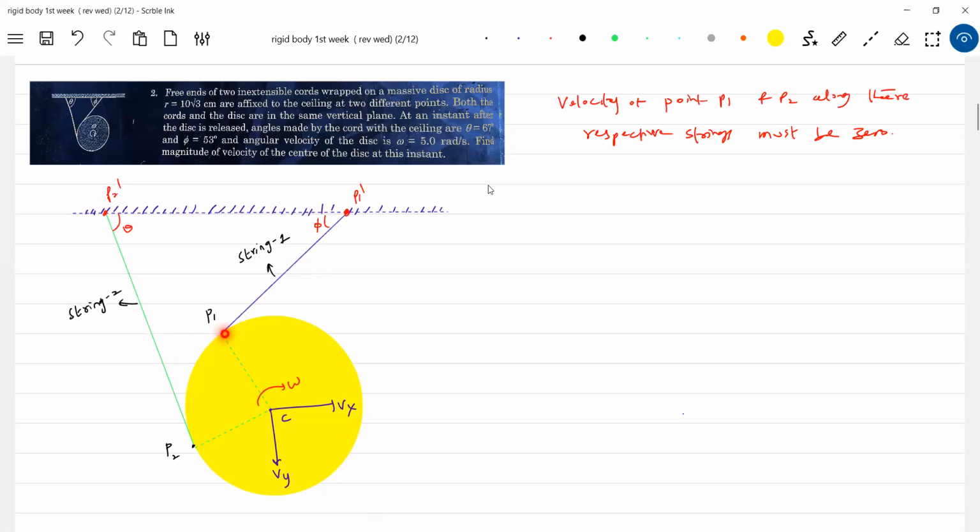It is going to have tangential velocity, x component, y component. Then similarly here also tangential velocity, x component, y component. Then the resultant of all along the string must be 0.